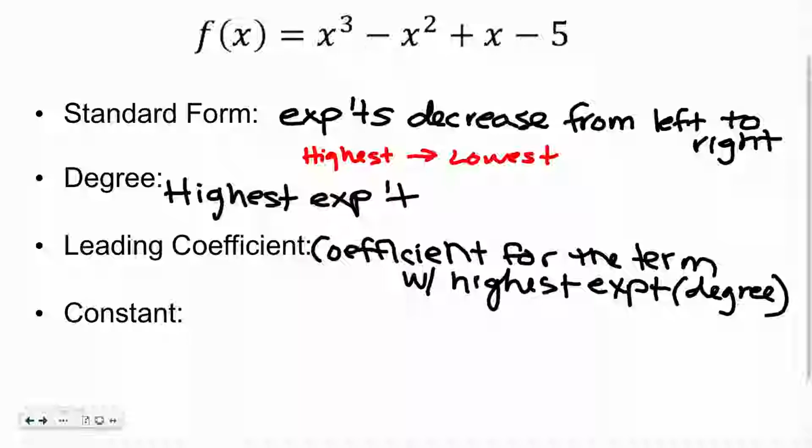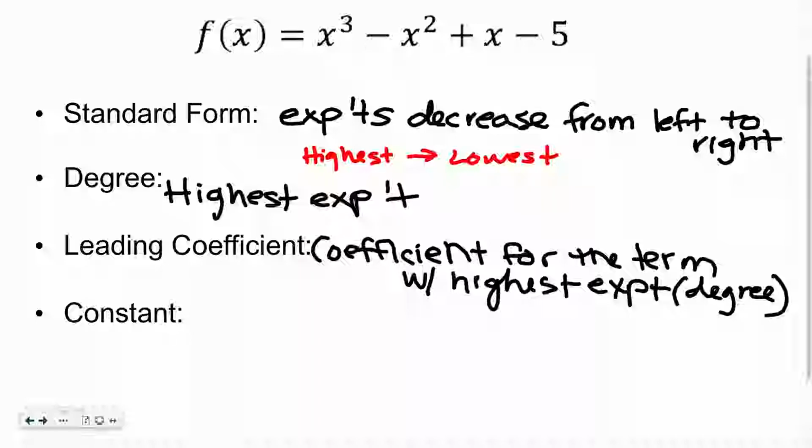Is our polynomial in standard form? Yes, it's in standard form. Exponents are decreasing from left to right. 3, 2, 1, and then for the constant, it's 0. Okay. If your polynomial is written in standard form, where will your degree and leading coefficient be?